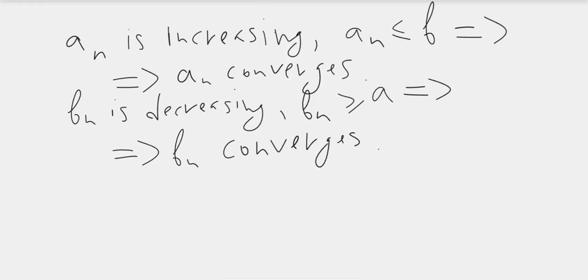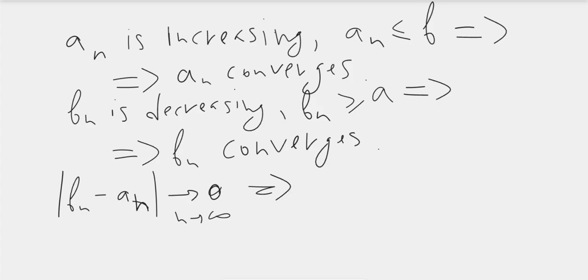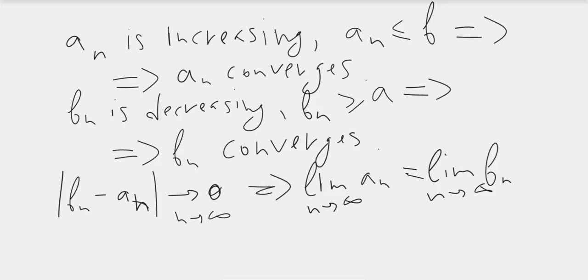Because bn minus an converges to 0 when n tends to infinity, the limit of an when n tends to infinity is equal to the limit of bn.